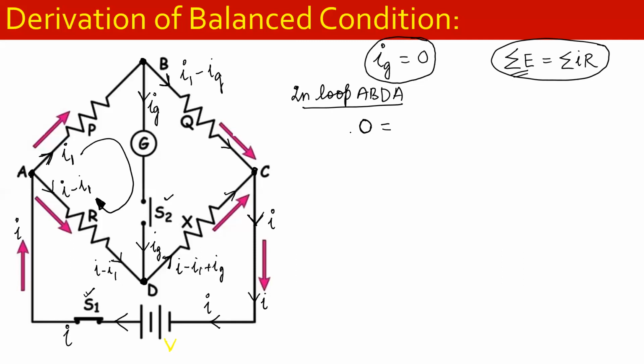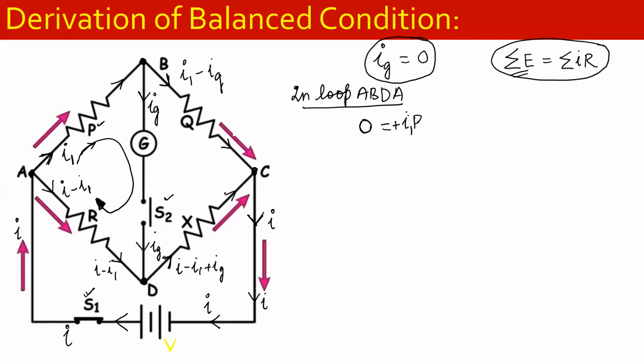As we can see, the direction of current flow according to KCL in branch AB is from A to B, and according to the direction of our assumed loop, it is exactly the same, that is from A to B. So the potential difference across the resistance P must be taken as positive. So here we are taking it as I1P. Now on reaching the galvanometer, we can see the direction of current by KCL and according to the assumed loop is the same.